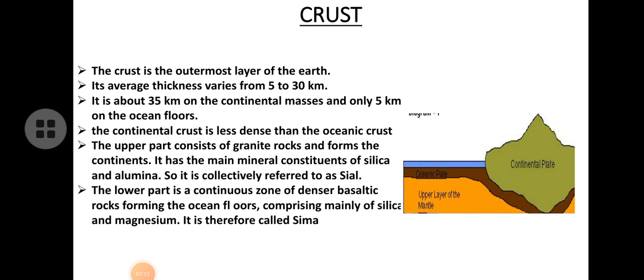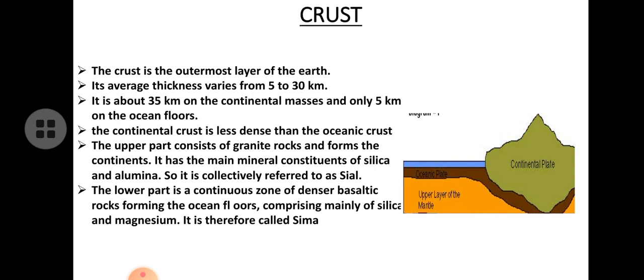First, let's study what is the crust. When you look at the picture on the right side, can you see the land system in the picture? The outermost land layer in the system is called the crust.